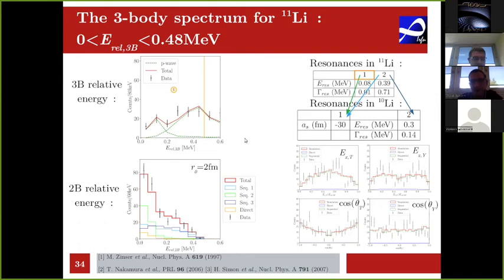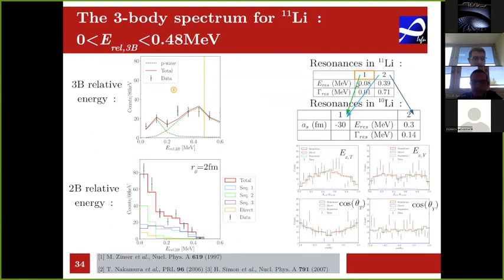So to read this slide, we can check the three-body relative energy coordinate on the top left corner. That is, we found the resonance state to reproduce the data that I have put here in this chart on the top right corner, and below are the resonance states in the intermediate lithium-10. And the different arrows are the different sequential contributions that have been simulated and put into the two-body relative energy spectrum, following the same color scheme.